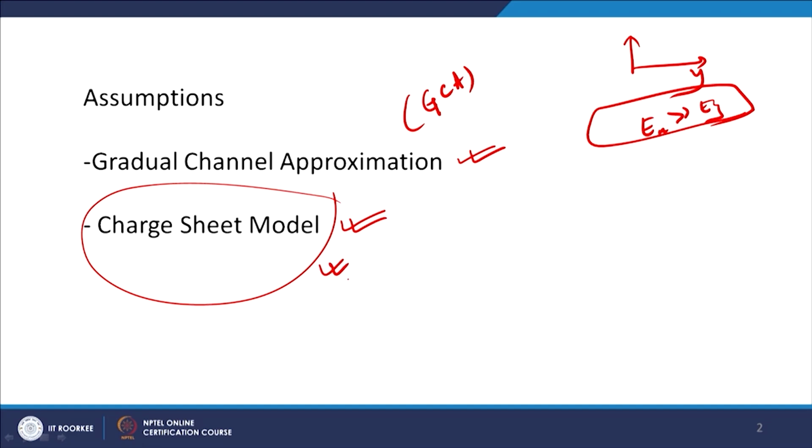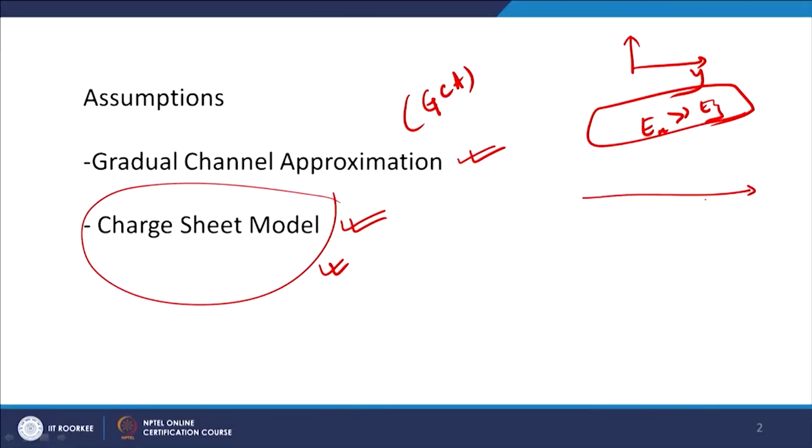Now please understand that you might not have a gradual channel approximation when your channel dimensions are very small. If your length is very large, the electric fields might be low, but if you reduce your channel length to very low values, then for the same value of VDD by L, which is the electric field in, let us suppose, the y direction, is very high.